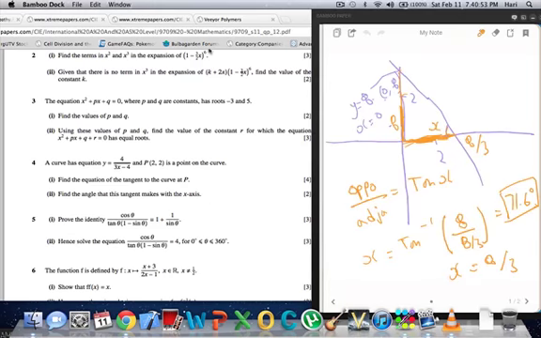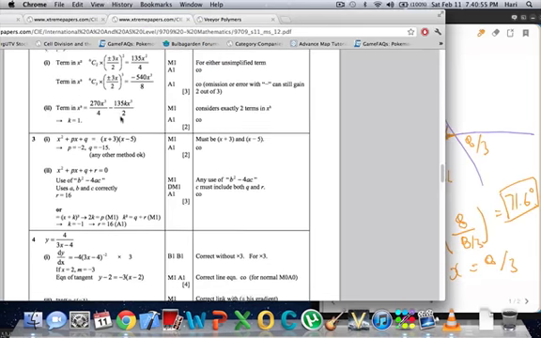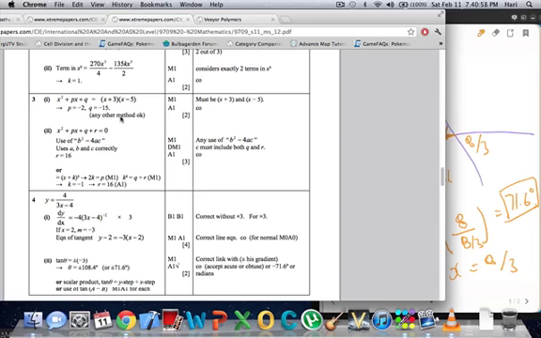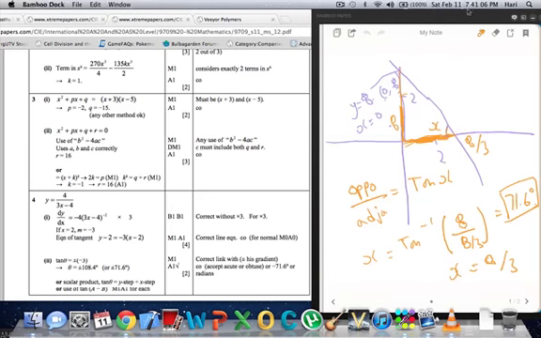Let's check the marking scheme. 71.6 degrees. That is correct. So this is the problem. If you have any questions, please email me. Otherwise, good luck.